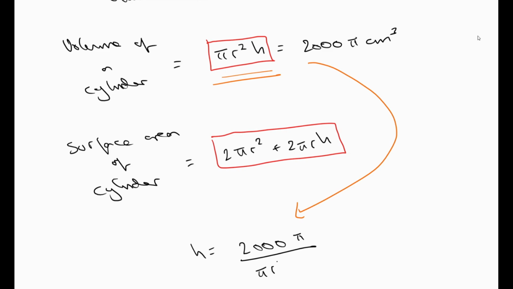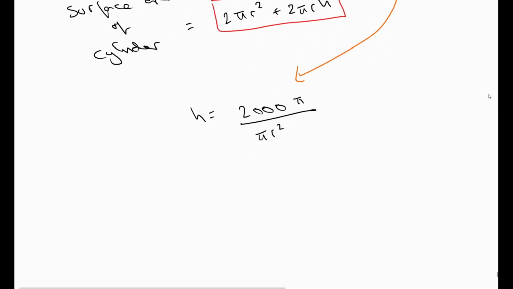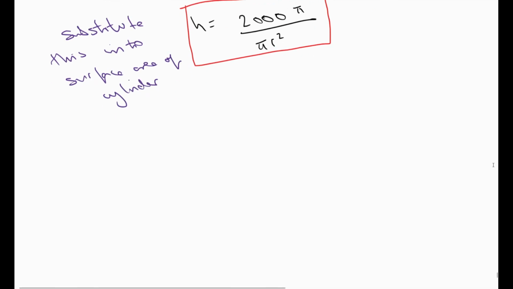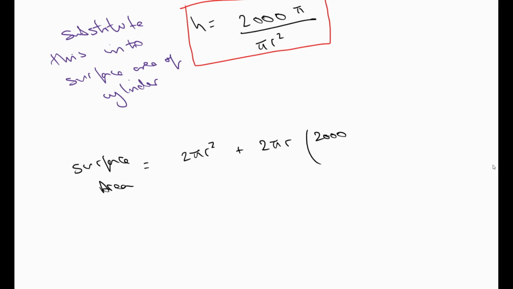Okay, so I've made h the subject, and I'm going to substitute that back into my expression for the surface area of my cylinder, and that's going to give me an expression of surface area equals 2 pi r squared plus 2 pi r, all multiplied by 2000 over r squared.